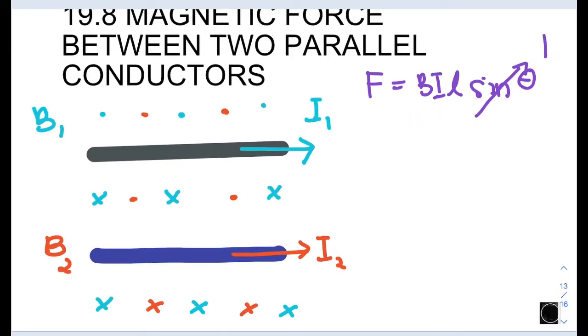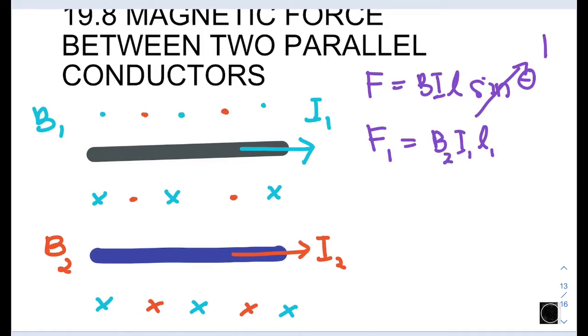To calculate F experienced by wire 1, we put F1. Of course, the formula will be BIL, where L1 happens to be the same as L2. But I is I1, and the B that must be considered is B2. Why?